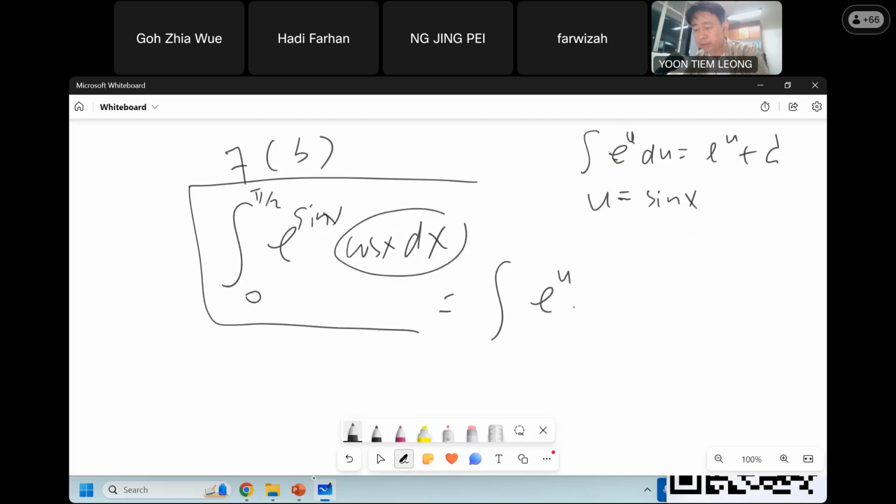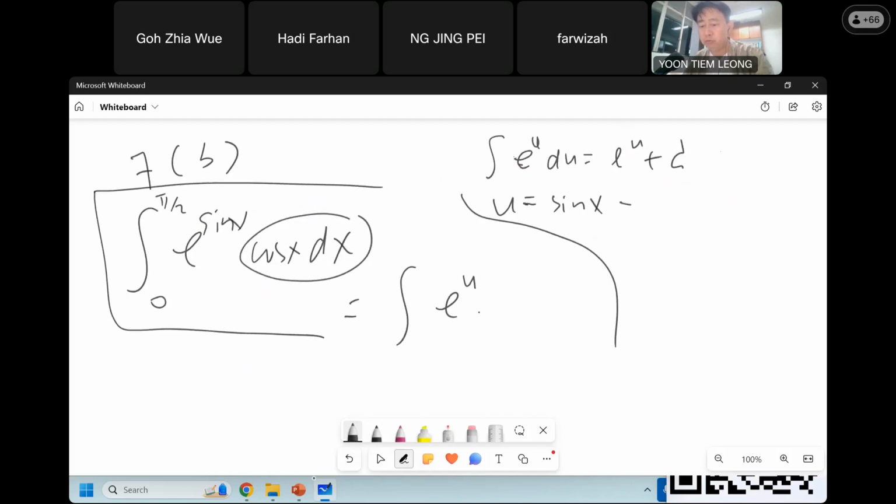Okay, so what is the cos x dx? Once you have defined u to be sine x, then it is quite straightforward that du is equal to cos of x times dx. So this is the differential of u, and the right hand side is obtained from the differential of sine x. Therefore, cos x dx is nothing but your du.